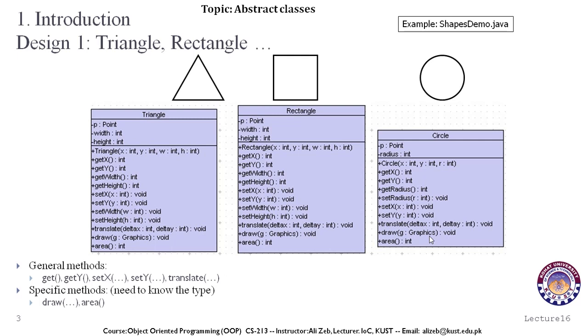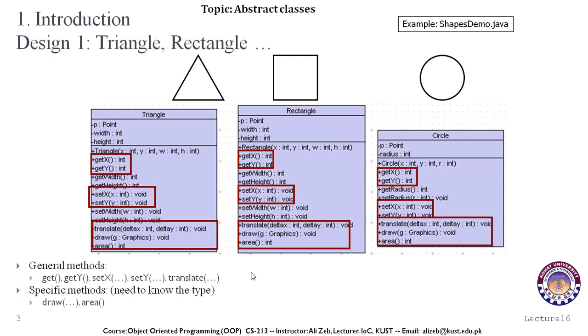And if we look closely, we can see that most of these methods are very similar. The signatures of these methods are the same. As we can see, the setter methods and the getter methods, and if we look at the signatures of even the specific methods, they are all the same.